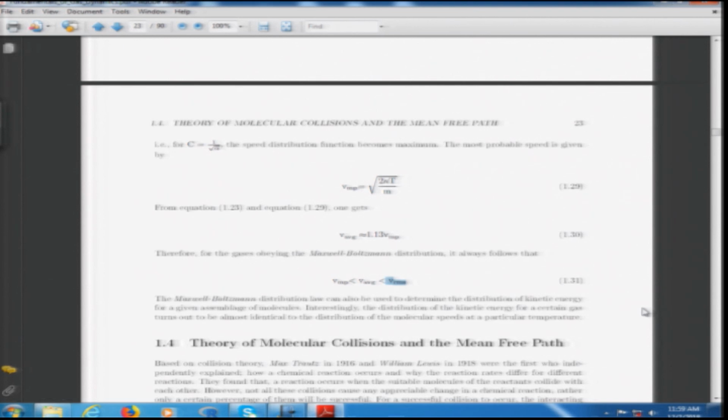That means we have obtained the relationship among the three speeds, evaluated using the same distribution function, that is Maxwell-Boltzmann distribution. We can also obtain the energy distribution function. Interestingly, both the distribution functions are almost alike.